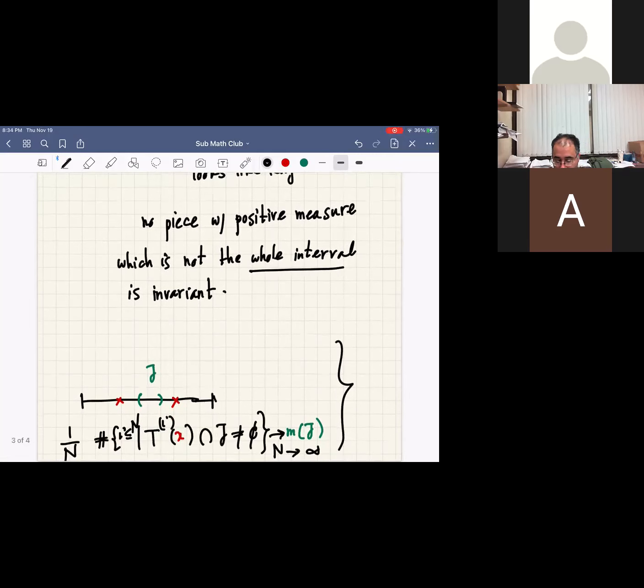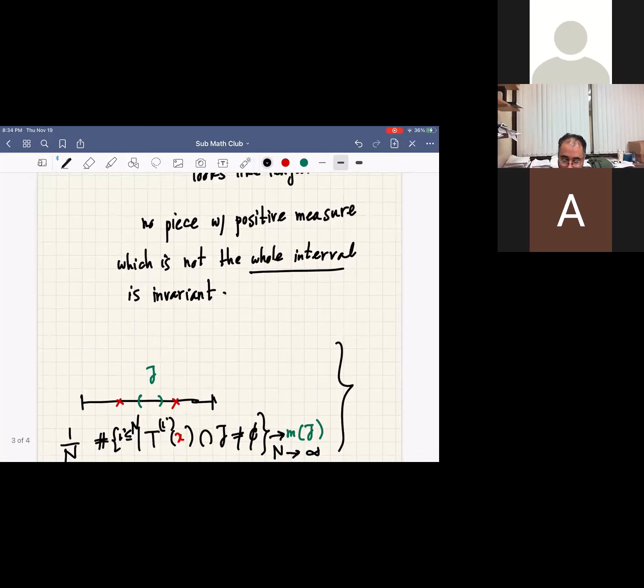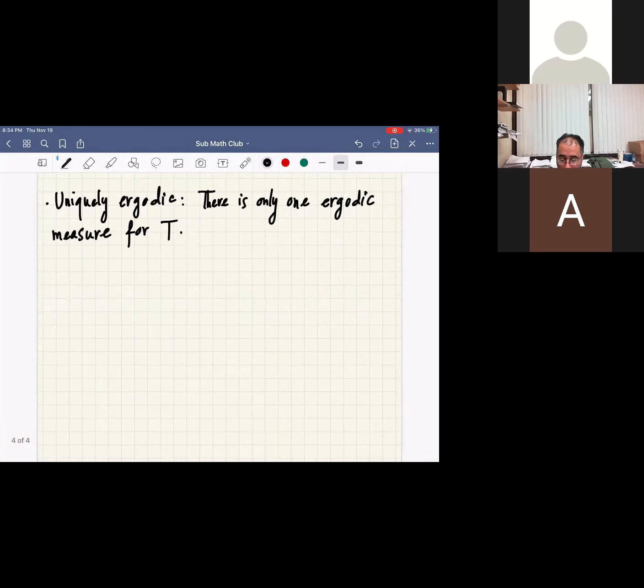Or you can think about this other reformulation of that. Starting from this interval exchange map, you can imagine that you have different measures such that this system is ergodic with respect to those. But unique ergodicity means that there's only one. There's one and only one measure such that the system is ergodic with respect to that.